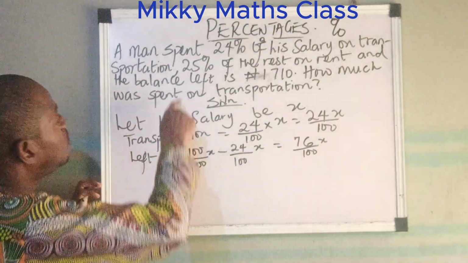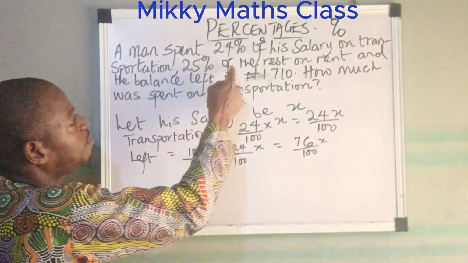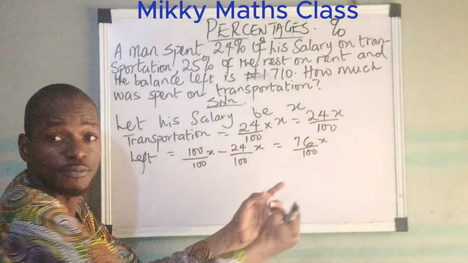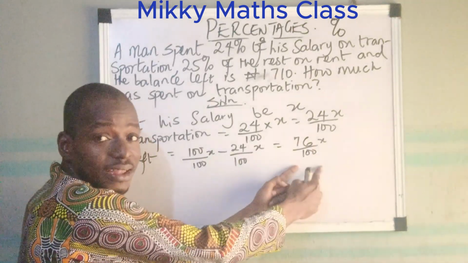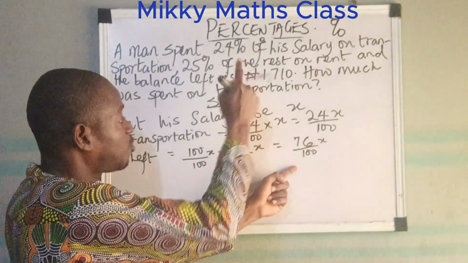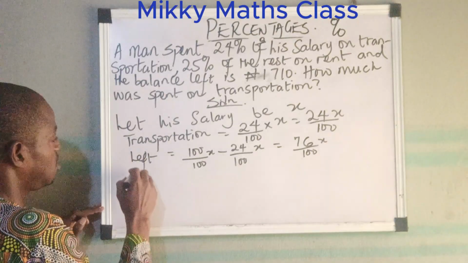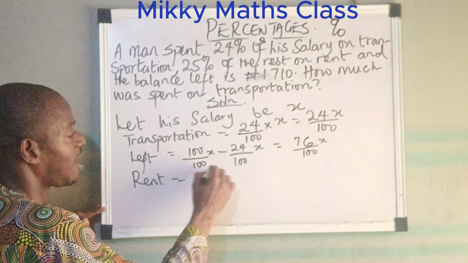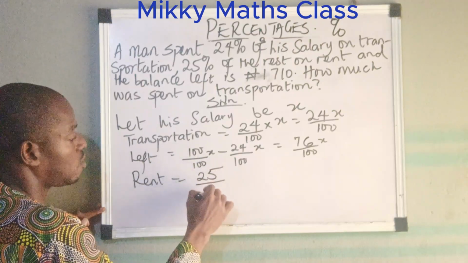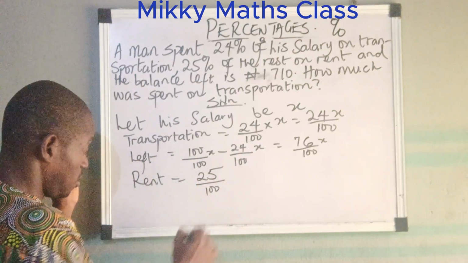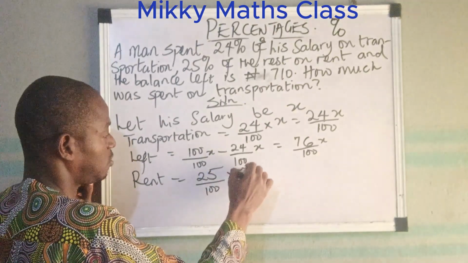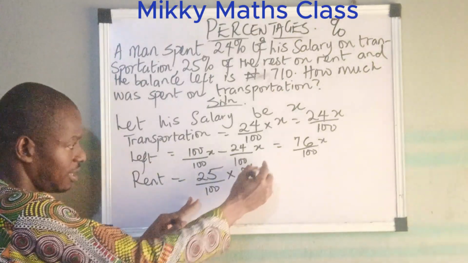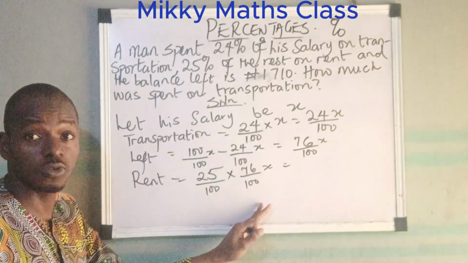Now, we went further to say 25% of the rest on rent. That means 25% of what was remaining of his salary was spent on rent. So the rent got 25%, that's 25 over 100 times 76 over 100x.